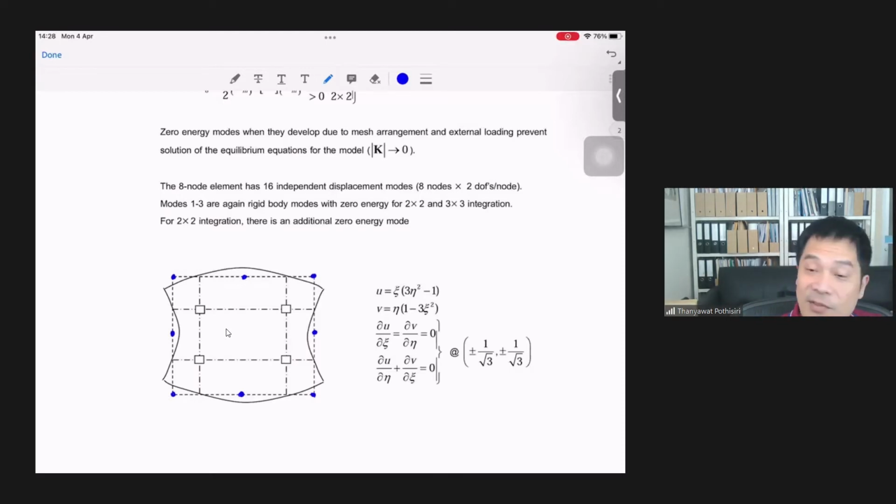So if you use a 2 by 2 point rule here, then you see that at this particular location here, the strain is 0, right? So if you use this point to compute the representative value of your function, which contains the b function, right? The b function tells you the strain component. Okay, so if you use these points, you see that the strain at this particular location would be 0.